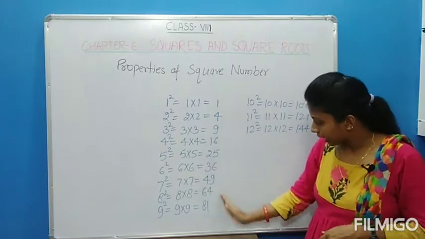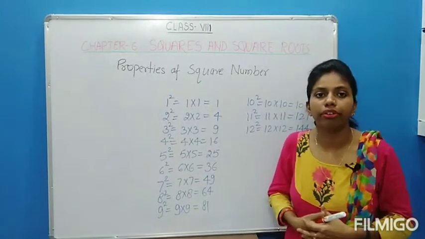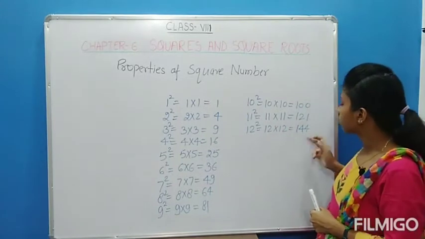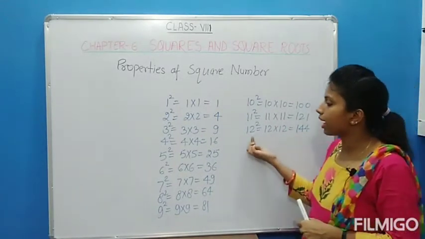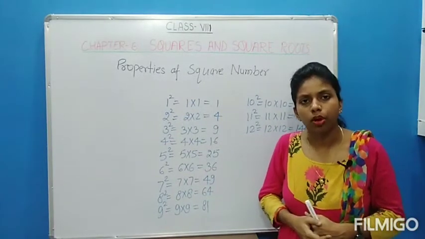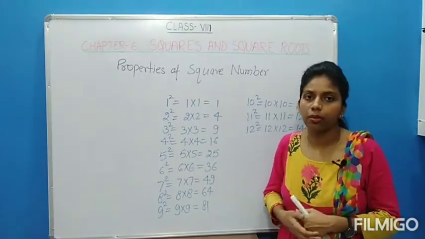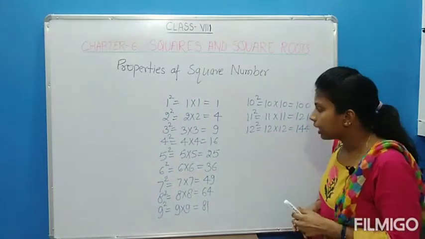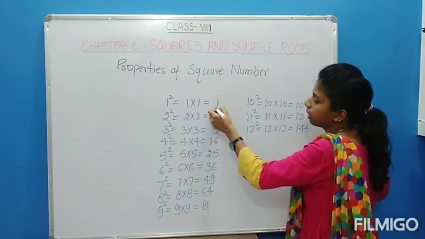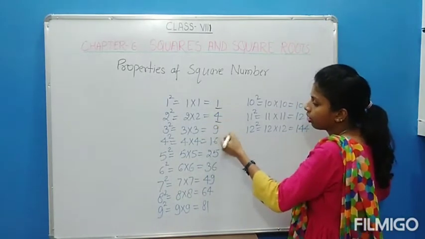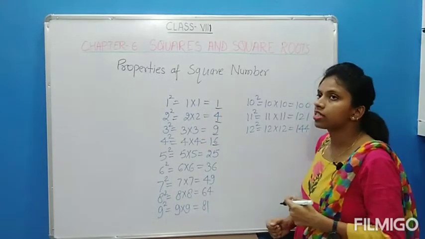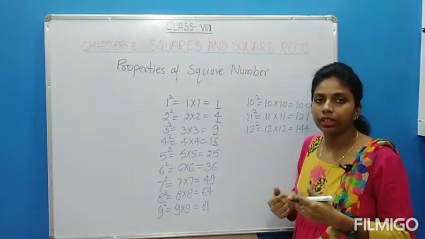So here we have all the perfect square numbers, because we get these numbers after squaring these natural numbers. So let's observe these perfect square numbers. After observing, we get that at the unit place of all the perfect squares, only some numbers are repeating continuously.